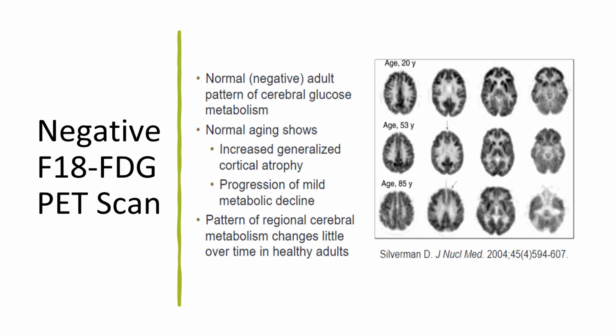This is just showing you that normal aging will have some cortical atrophy, and that's normal as patients age. So as you're doing patients that are older for any FDG studies, just know that they may have some atrophy that shows up, and that's normal.